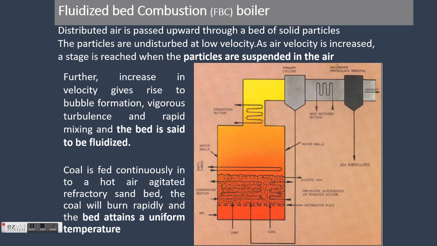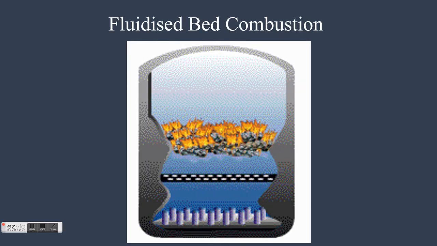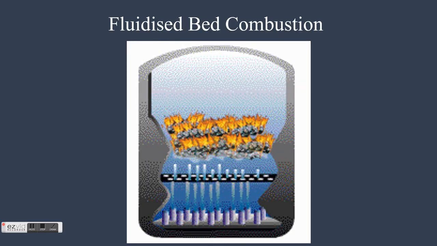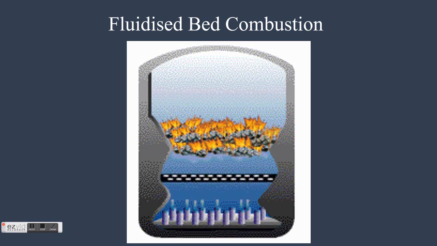Further increase in velocity gives rise to bubble formation, vigorous turbulence and rapid mixing, and the bed is said to be fluidized. If the sand in a fluidized state is heated to the ignition temperature of the coal and the coal is injected continuously into the bed, the coal will burn rapidly, and the bed attains a uniform temperature due to effective mixing. Proper air distribution is vital for maintaining uniform fluidization across the bed.